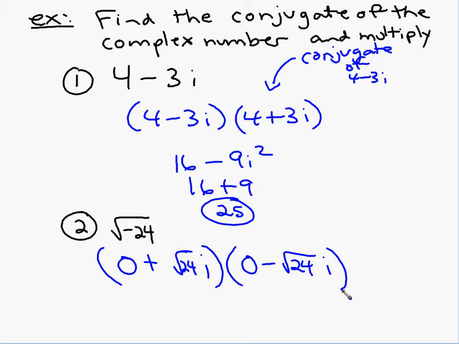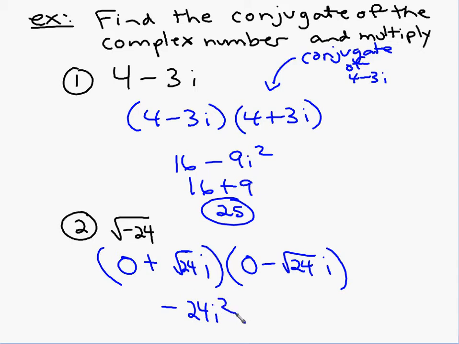Okay? Obviously, when we do the difference of two squares, 0 times 0 is 0. All right? So we don't even have to write the 0 squared, do we? But you do need to pretend it's there, because this is still a difference of 2 squares. So it's going to be 0 squared minus, what's the square root of 24 times the square root of 24? 24 i squared.